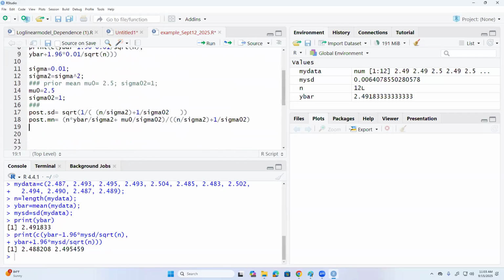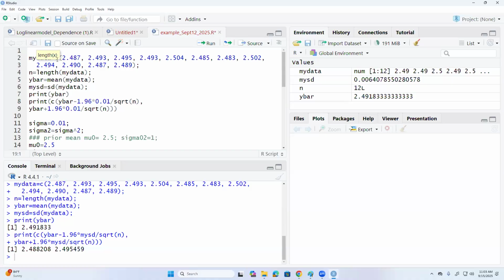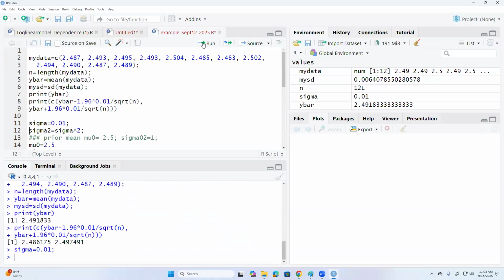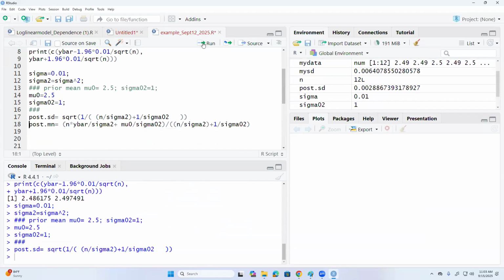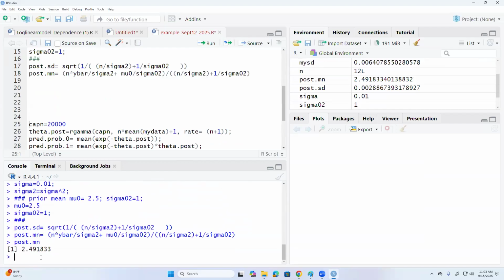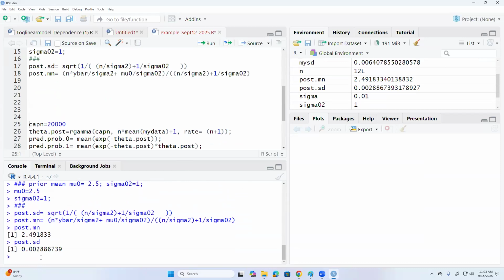And so let's do that calculation once again. Posterior mean is 2.4918. Posterior standard deviation 0.00288. Okay.